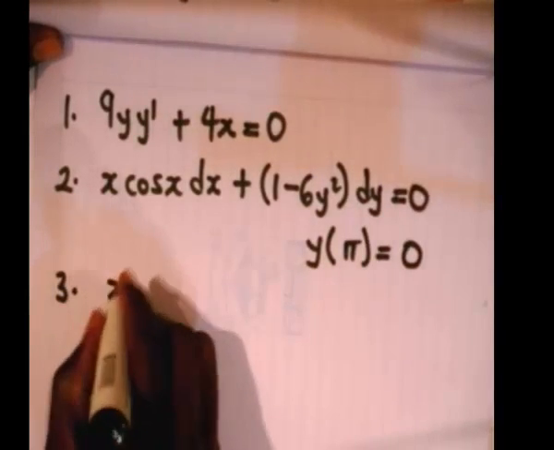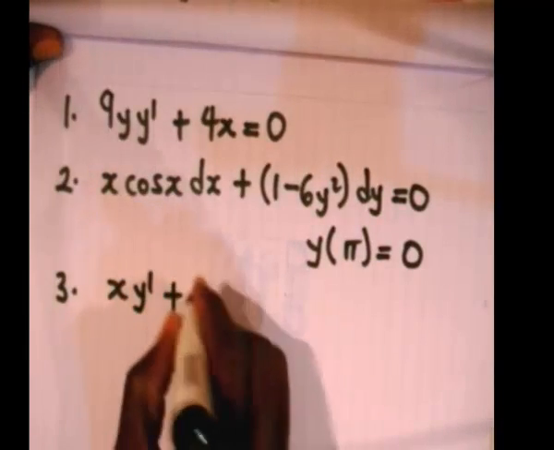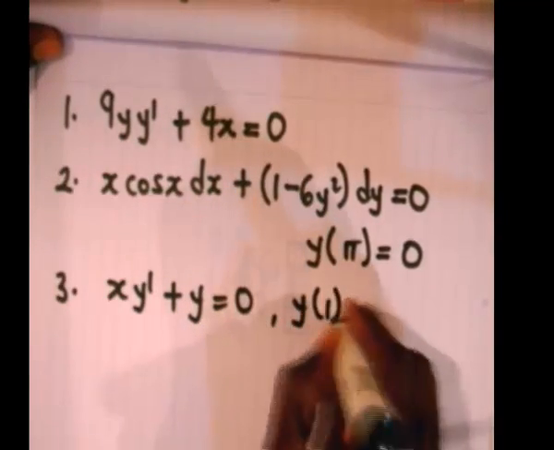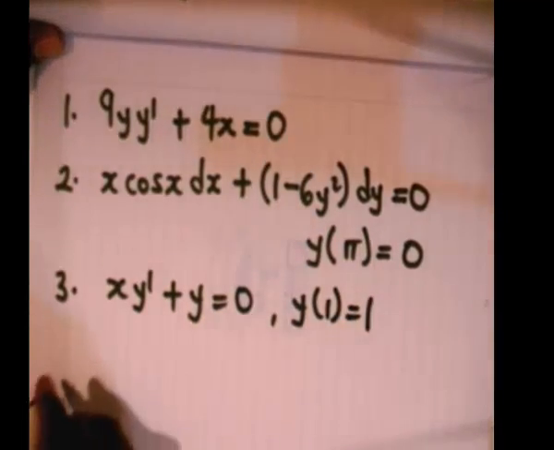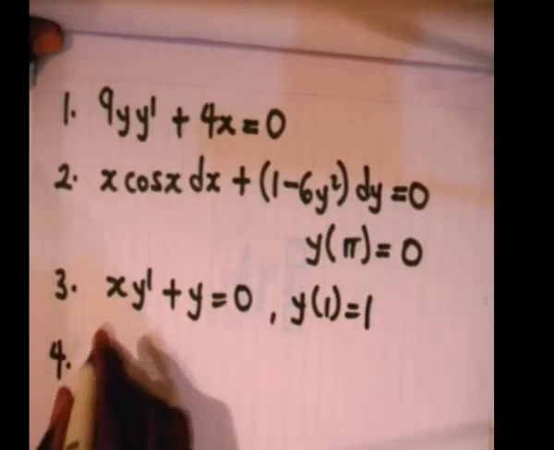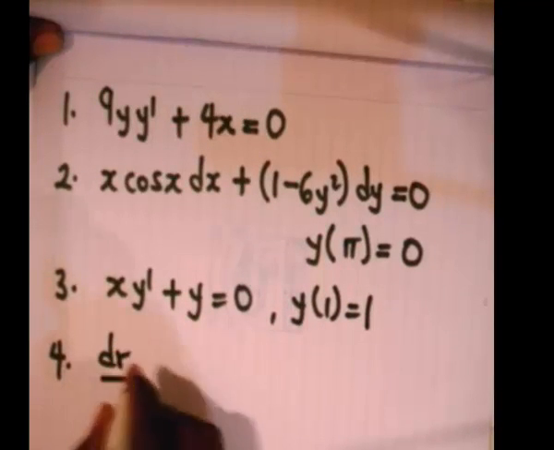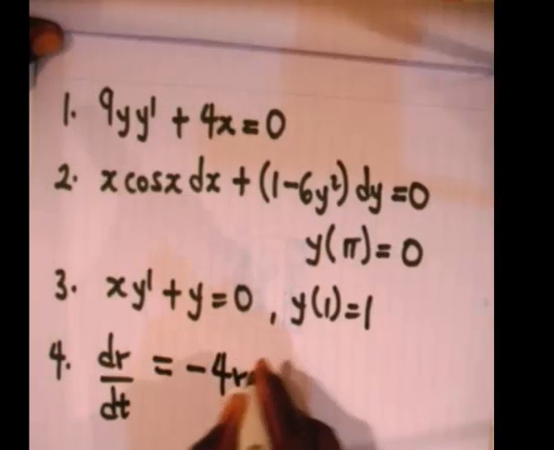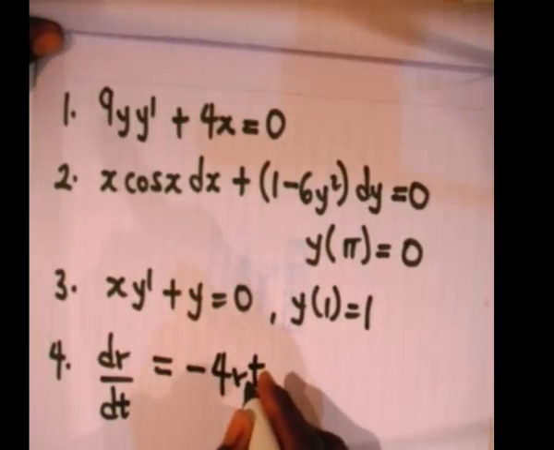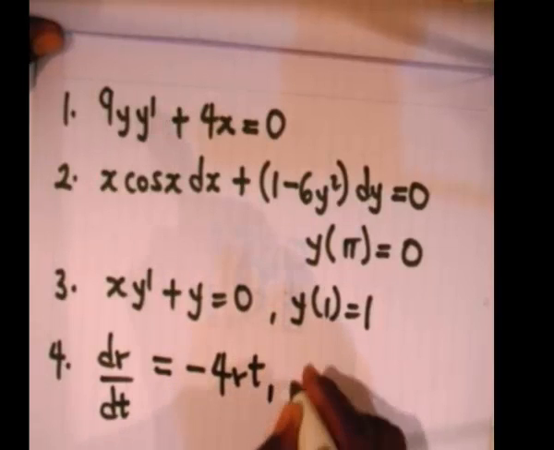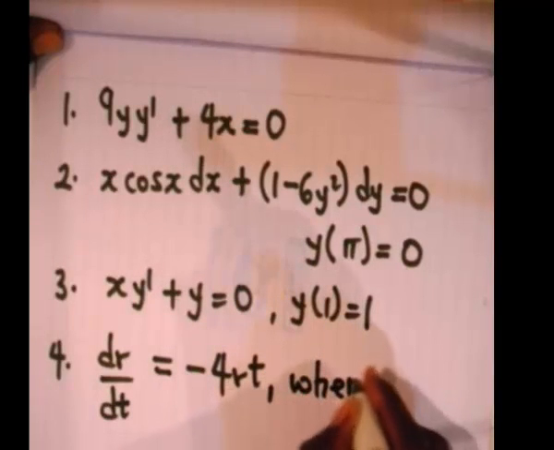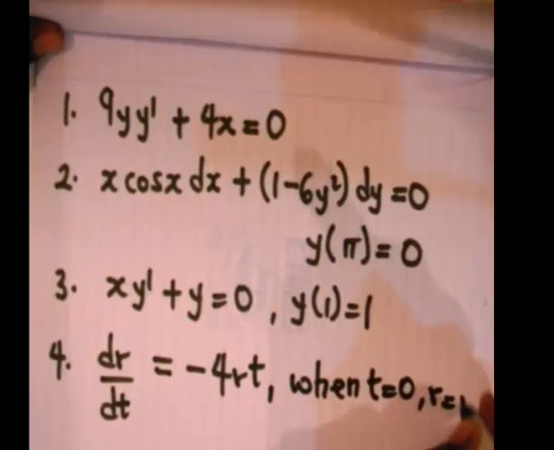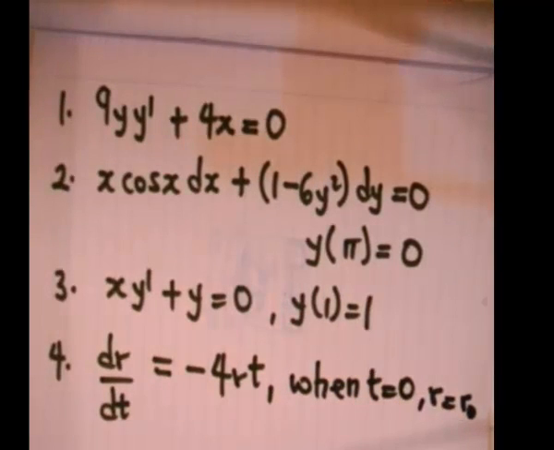3. xy prime plus y equals 0, y(1) equals 1 as a condition. 4. dr/dt equals minus 4rt. The condition: when t equals 0, r equals r naught.